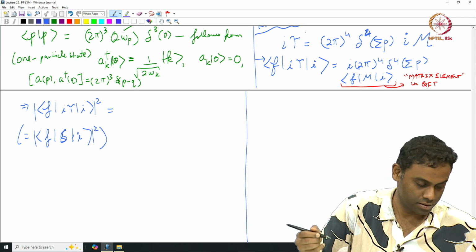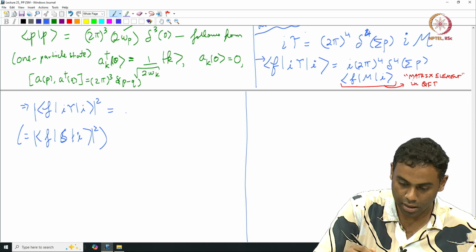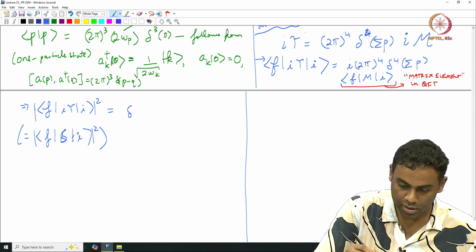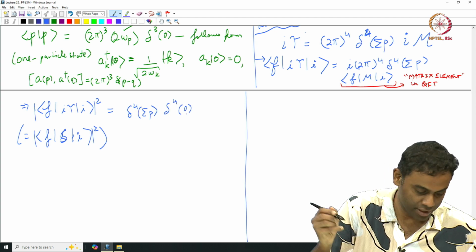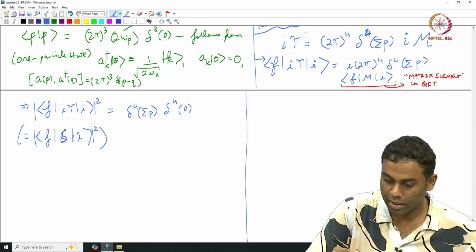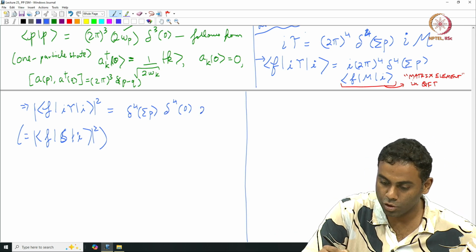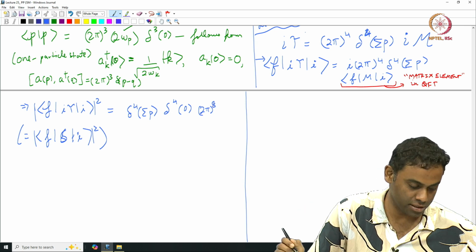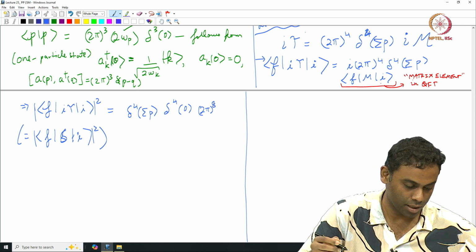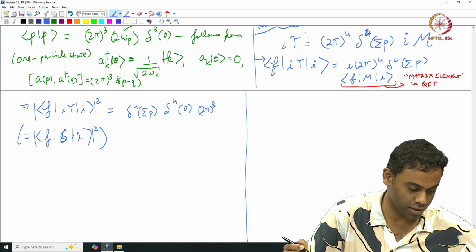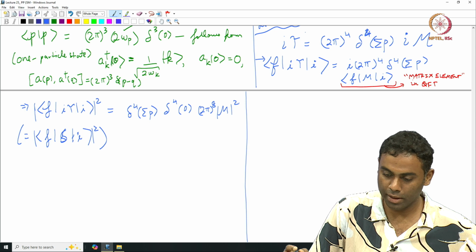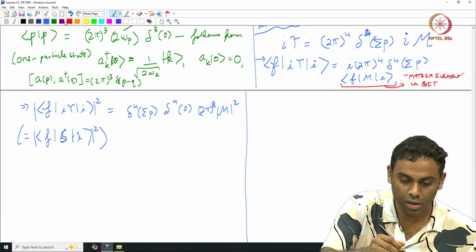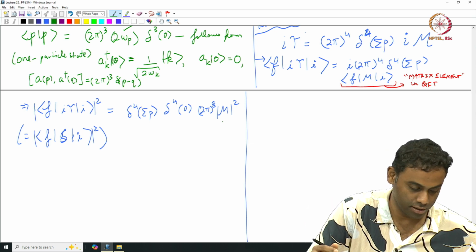Now, I am going to write this thing again as delta 4. I am going to write it slightly strangely, I will explain why. So, I write delta power 4 of 0, then there is a 2 pi to the 4th, but now I am squaring, so 2 pi power 8. Then this whole thing I am just going to call M, or M squared. I am going to annotate this a bit so it is not confusing later.